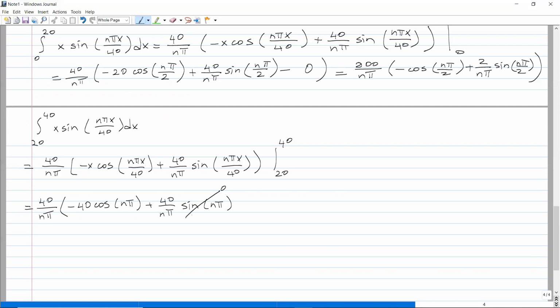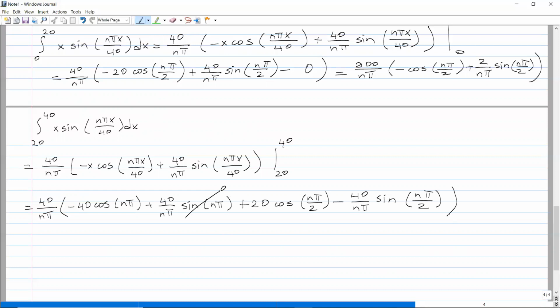So let's leave it that way. Then minus, we take x equals 20. So minus, another minus, it becomes plus 20 cosine n pi over 2. Minus 40 over n pi sine of n pi over 2.